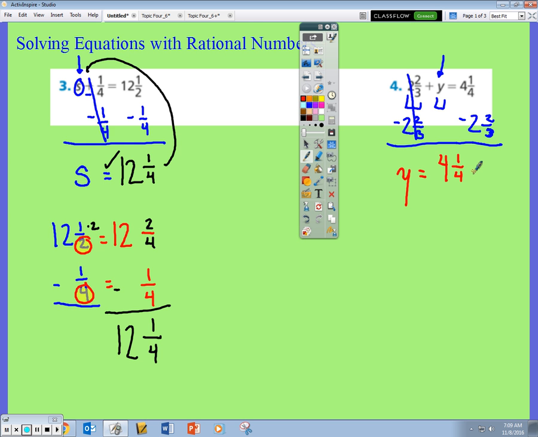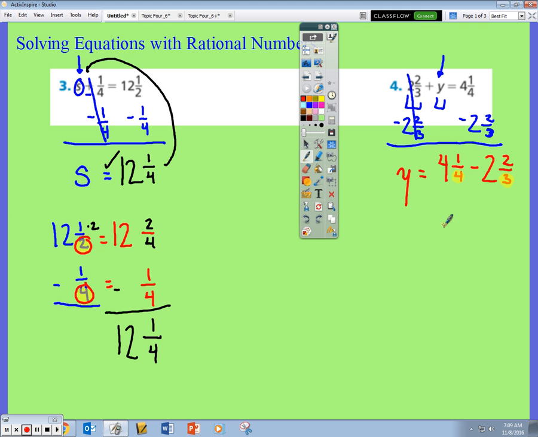And I'm going to write this one going horizontally, the last one I did vertically, minus 2 2/3. Now, first thing I notice is the denominators are not the same. We have something broken into fourths here, something broken into thirds here. I need to find the least common multiple of those denominators.